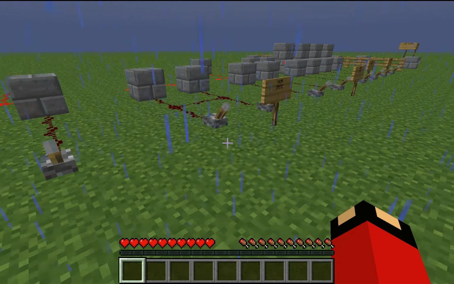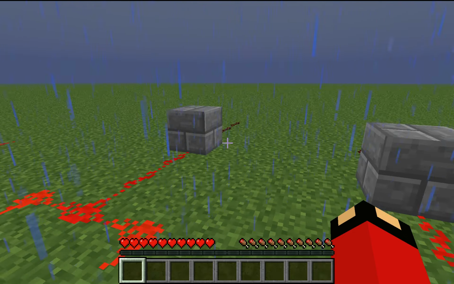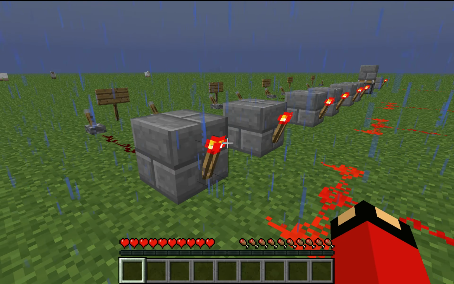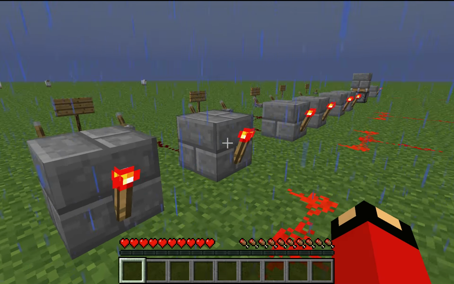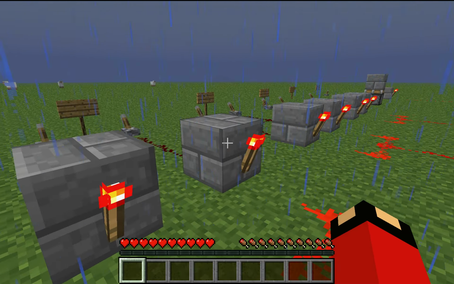AND gate is a pretty simple gate. I would call this two inverters, but that's not what everybody would call it. So if I hit this, nothing's going to happen. If both the inputs, these are both inputs, are on, then the output is on.